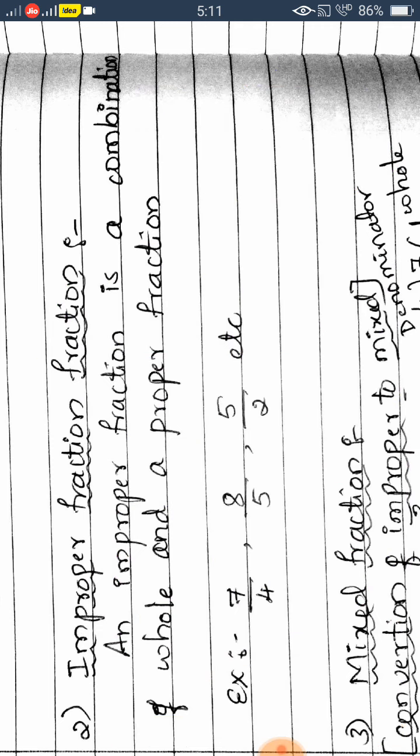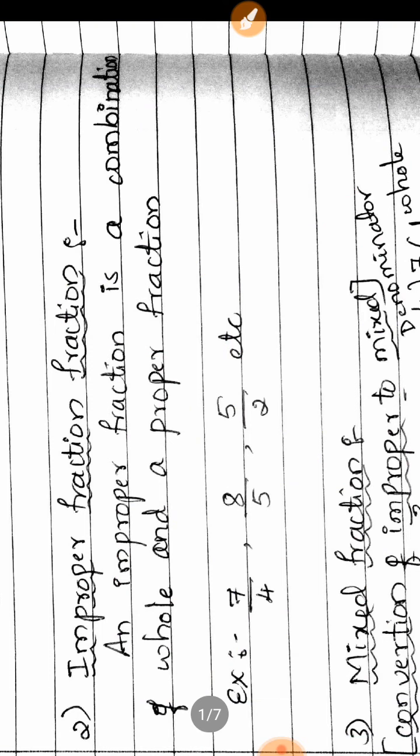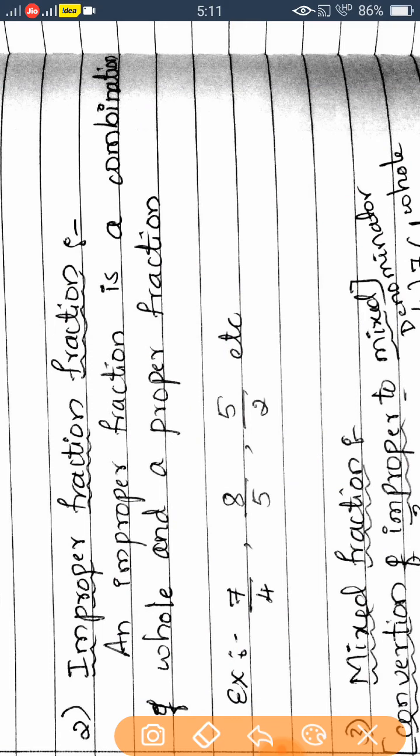How it comes to 6 by 4, I'll tell you afterwards. This is one whole and a proper fraction. Examples: 7 by 4, 8 by 5, 5 by 2. Here the numerator is bigger than the denominator.